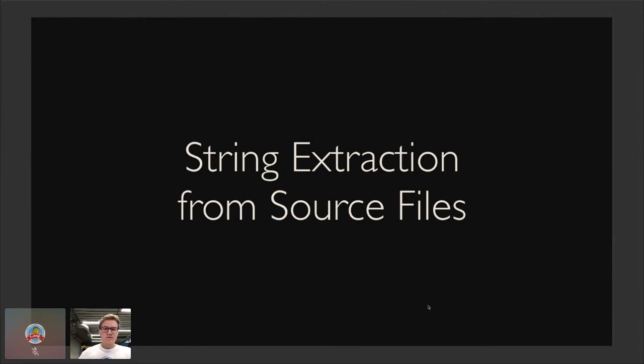It only has the build files. So this is something that is a bit tricky at the moment. It's very unfortunate, but there might be solutions in the future where we can make string extraction from source files better and tie it more together with the build file extraction.